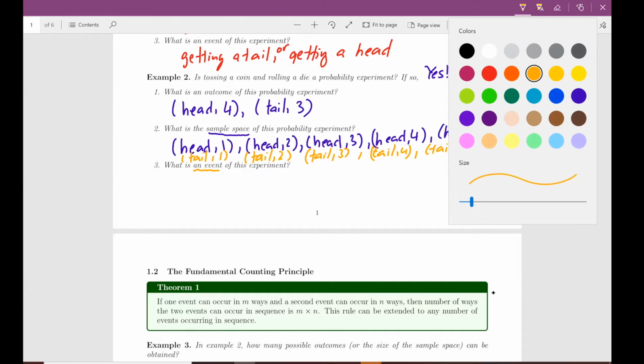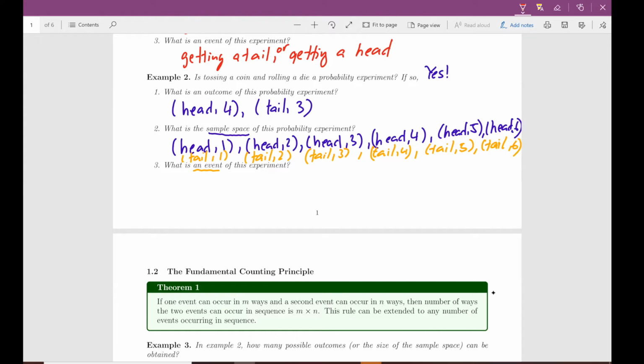So an event of this experiment can be getting a head and getting an even number. Okay. So this is one event, right? This event is described by getting a head and getting an even number.